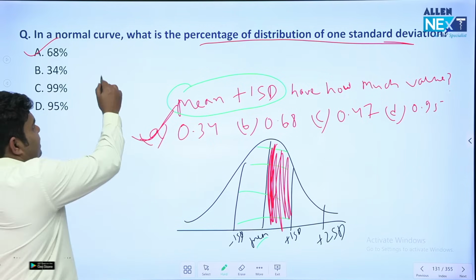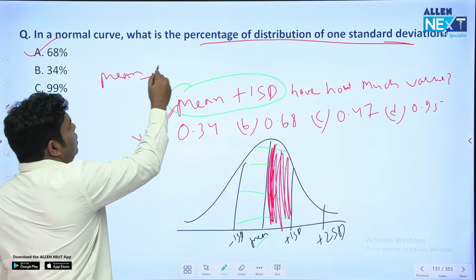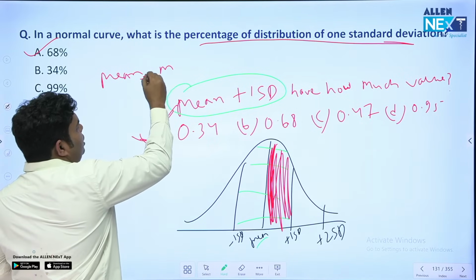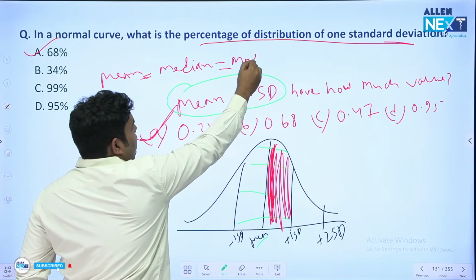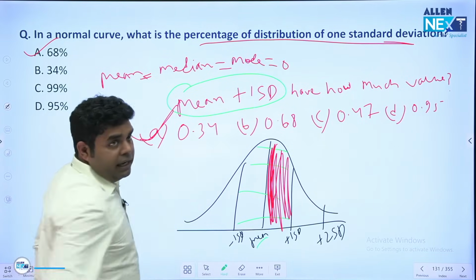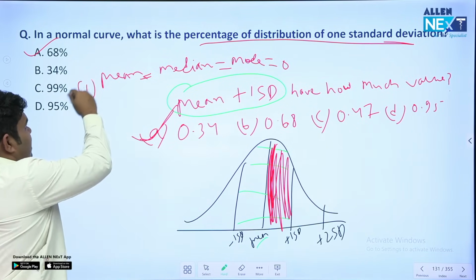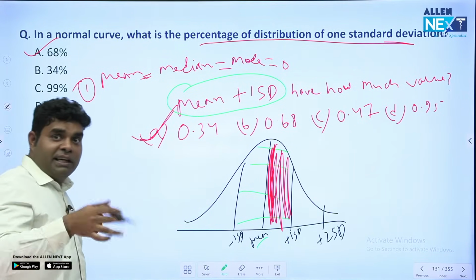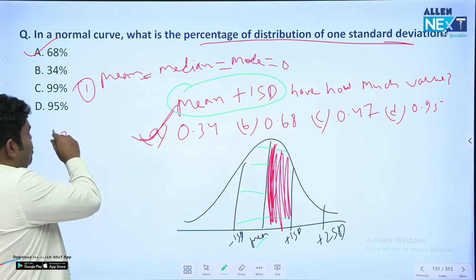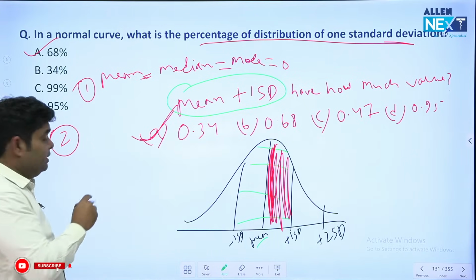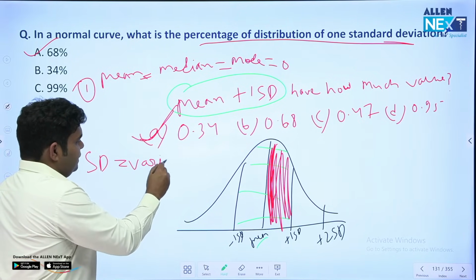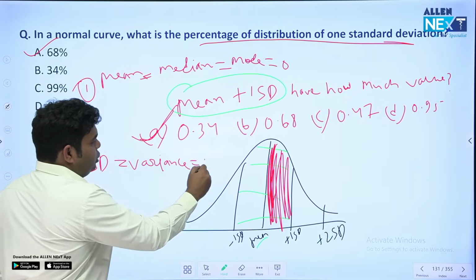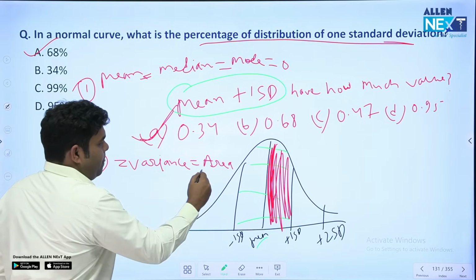Rule 1 says that mean, median, mode all are equal to 0. Okay, that is rule 1. That's what Buddha said. Everything is 0, nothing is everything, everything is nothing. And rule 2 says, which is commonly asked, standard deviation is equal to variance and this is equal to area under curve.